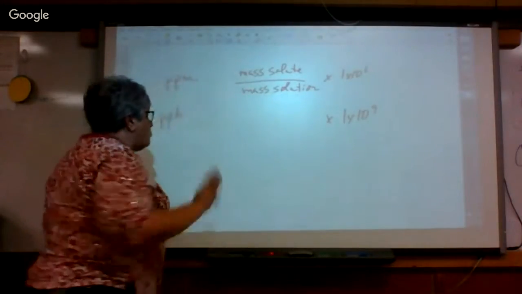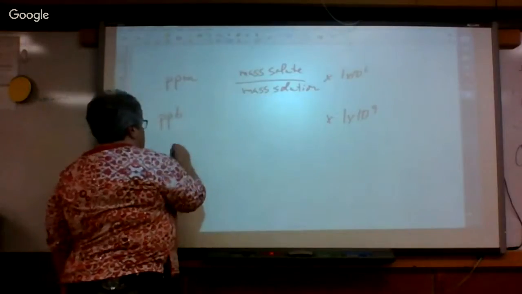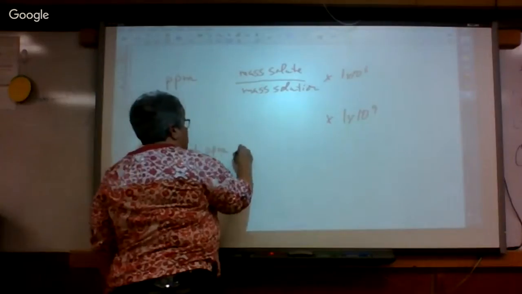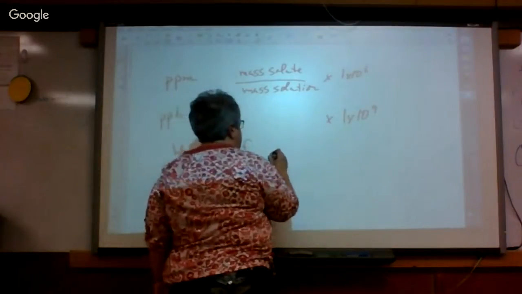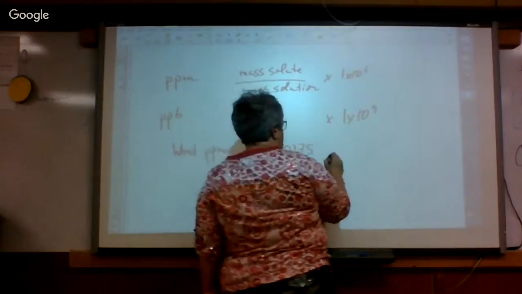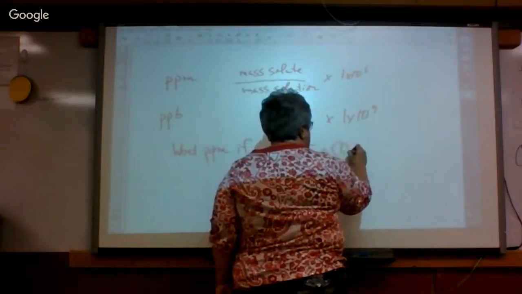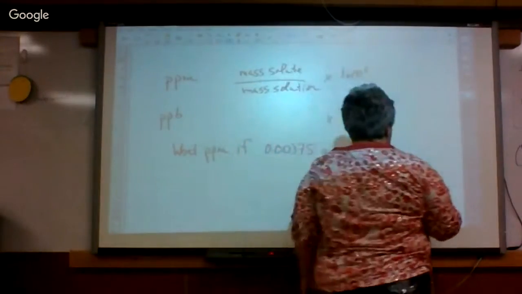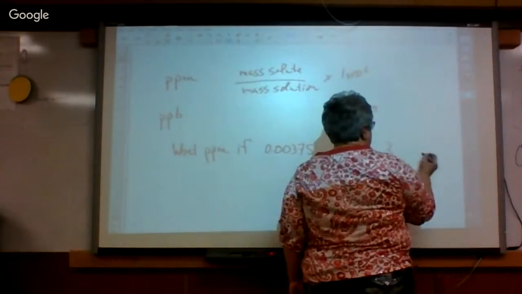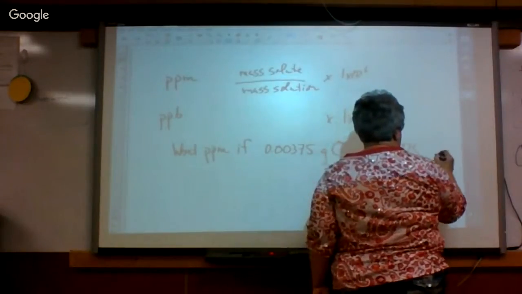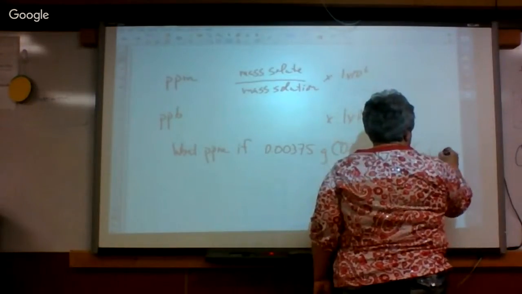So let's say we want to know what the parts per million is if we have 0.00375 grams of carbon dioxide in, let's say, 3,925 milliliters of water.